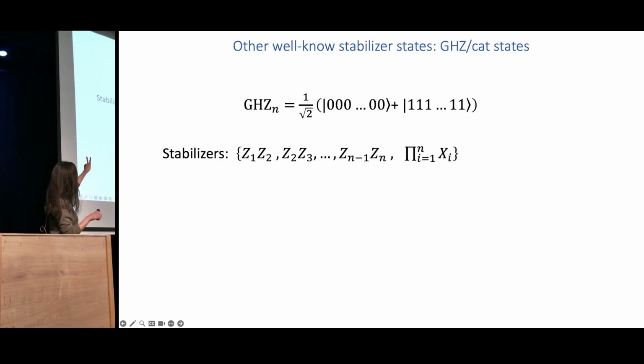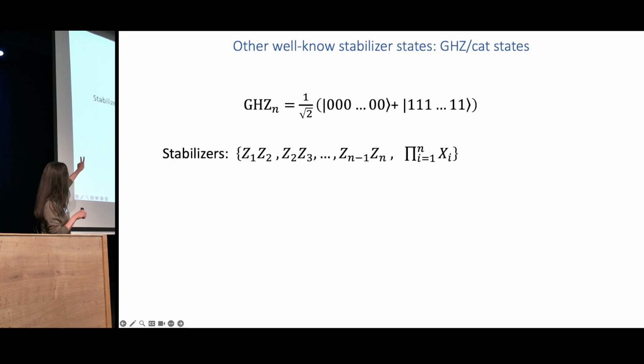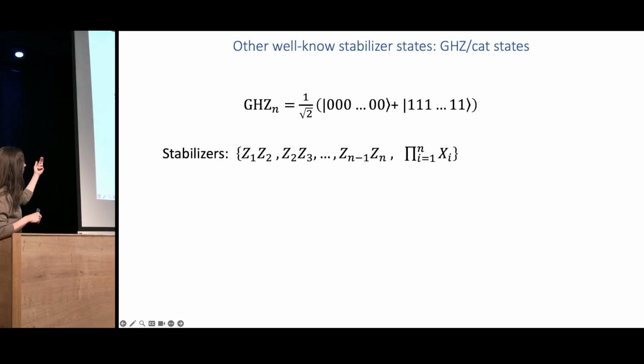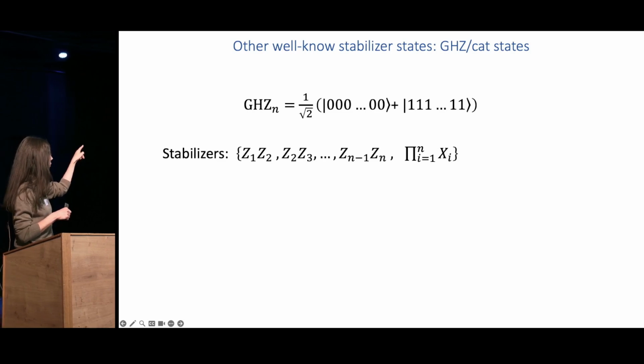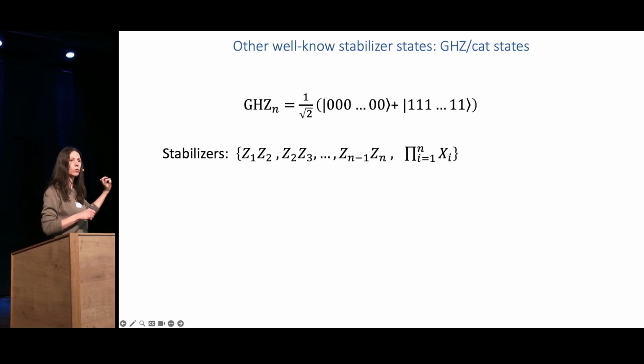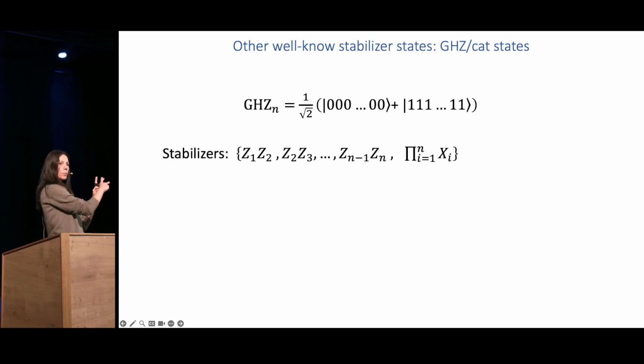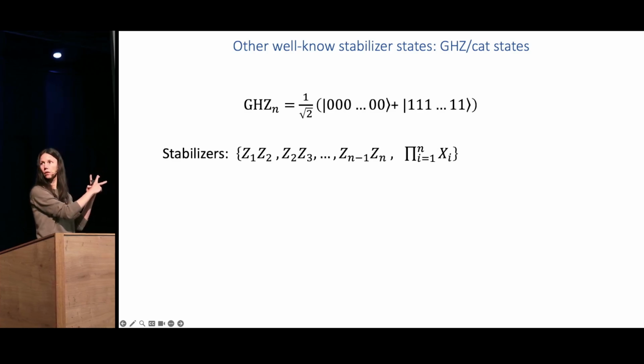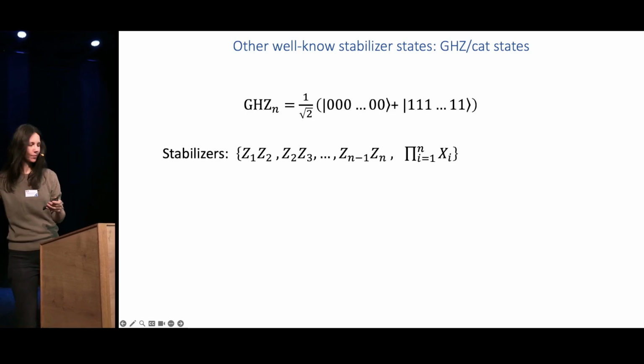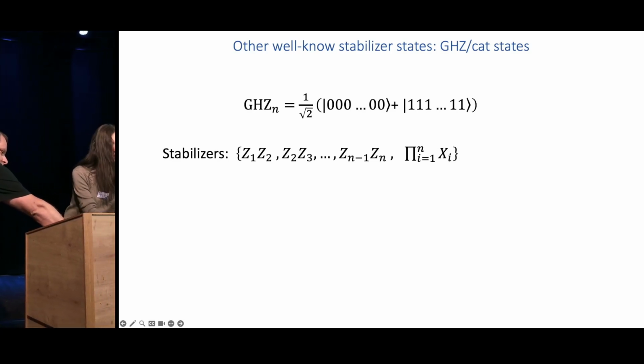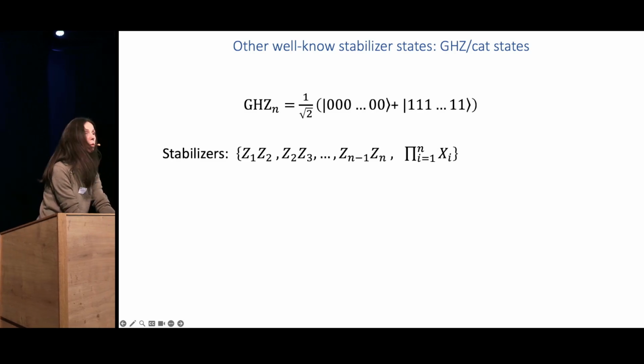And you see that these are generators, because then I can multiply them together in any way I like, and I get new stabilizers. So for example, let's take Z1 Z2, where the subscript means which qubit I'm applying it to. Let's take Z1 Z2 and multiply with Z2 Z3. Then I'm going to get Z1 Z3.